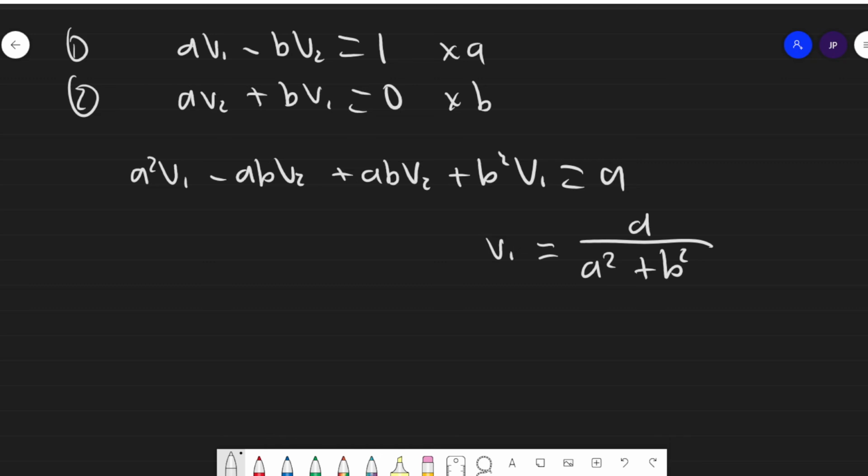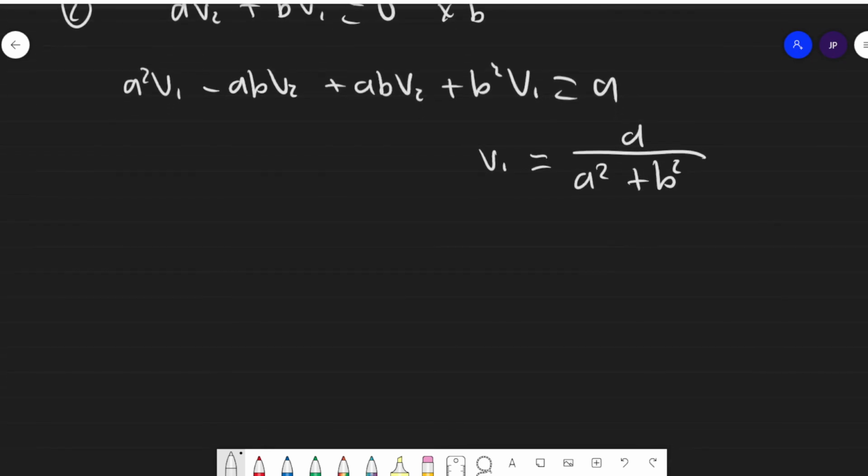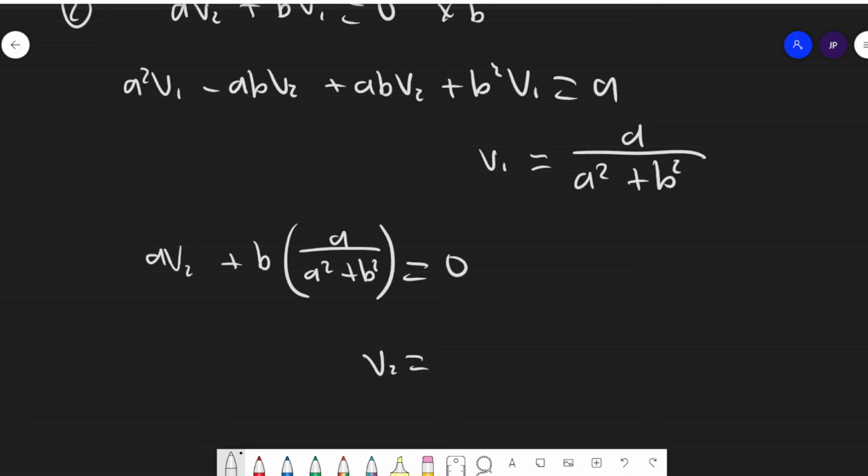If I substitute that into equation 2, I'll get A V2 plus B times A over A squared plus B squared, and that must be equal to 0. So if I solve for V2, I will get minus B over A squared plus B squared.